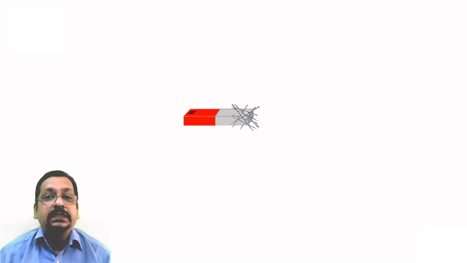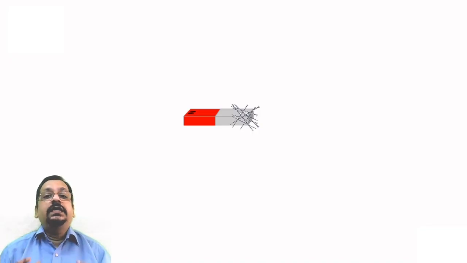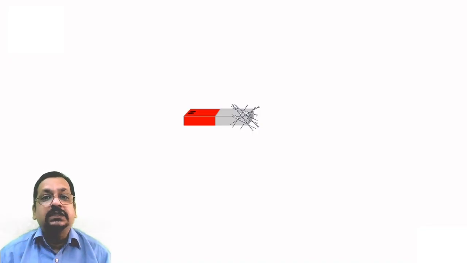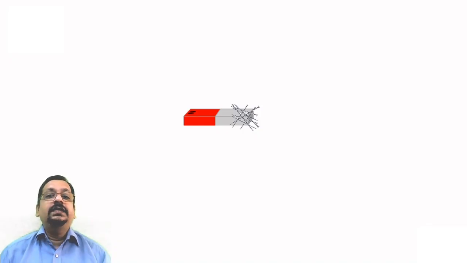I'm just highlighting the analogy between the two activities, remember. So the point is that there is a definite region or area around a magnet in which the effect of the magnet is felt, and that region we call the magnetic field. So the magnetic field is around a magnet.